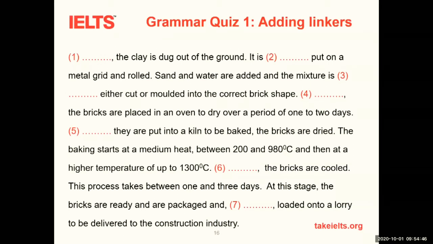So for each of those numbers 1 to 7, I want you to choose the correct linker. If you can't answer in the poll question, or you can't see the poll question, I will read each of them out and you can put your answer in the chat box. So if you can't see, just listen carefully and put your answer in the chat box.